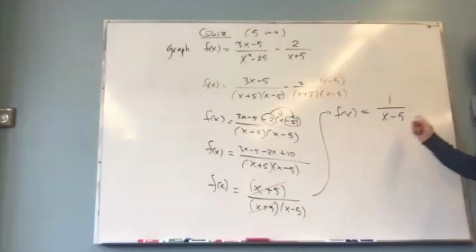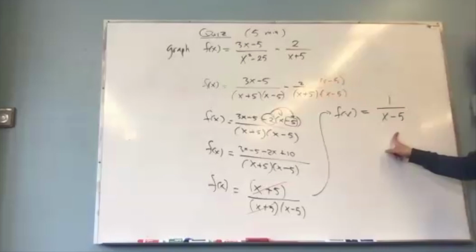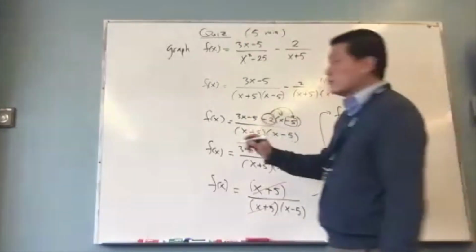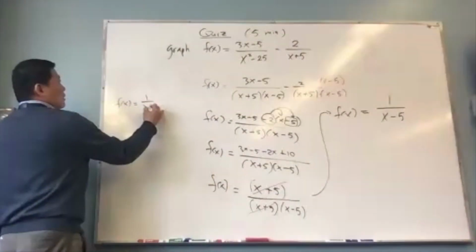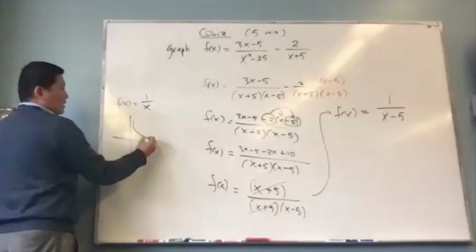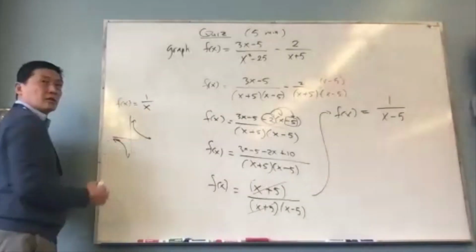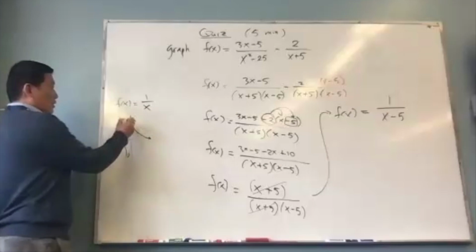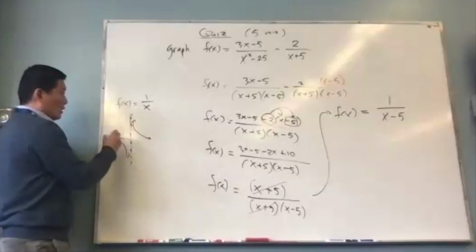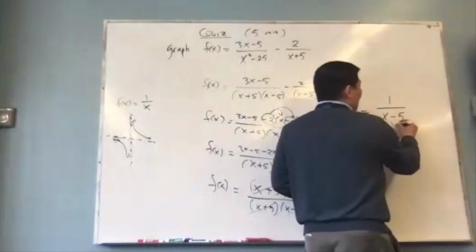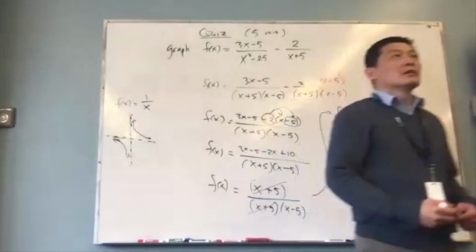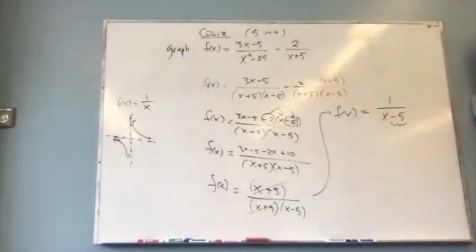Wait a minute. I know this. This is easy, right? Essentially, we have learned this before. If f of x is equal to 1 over x, that just looks like this, right? With the asymptote over here. But with this minus 5, what does it do to the graph?